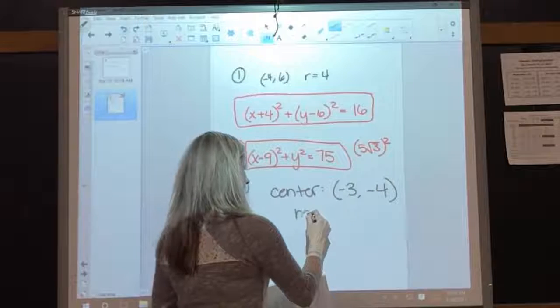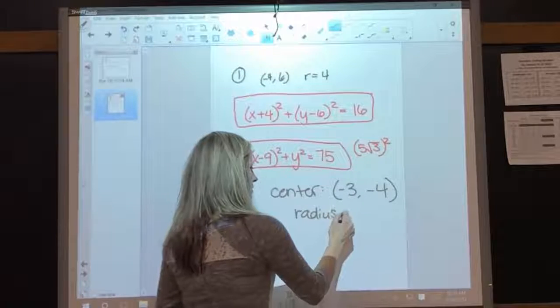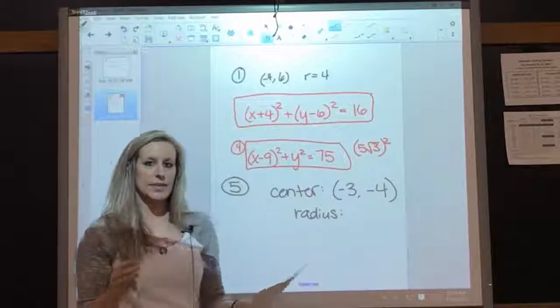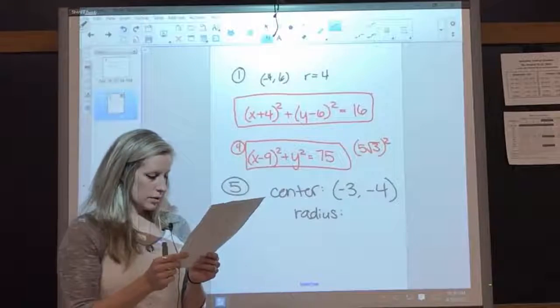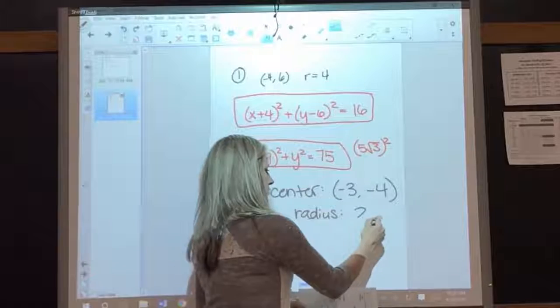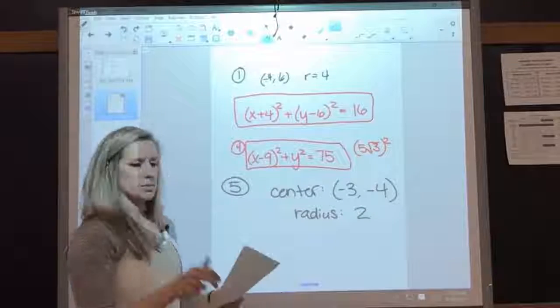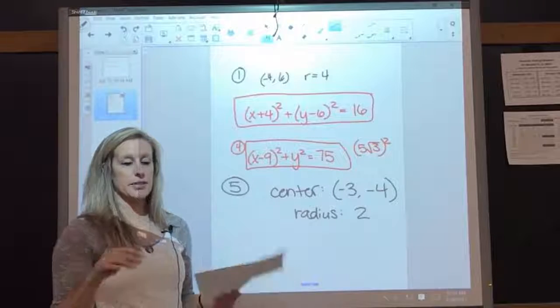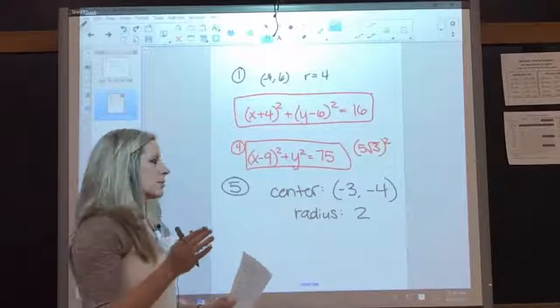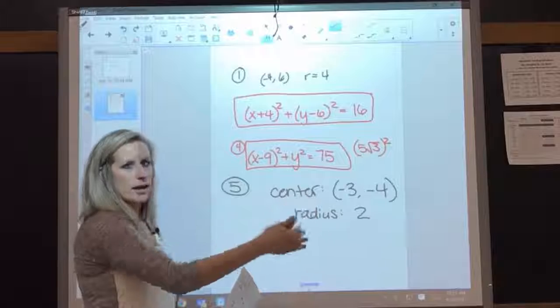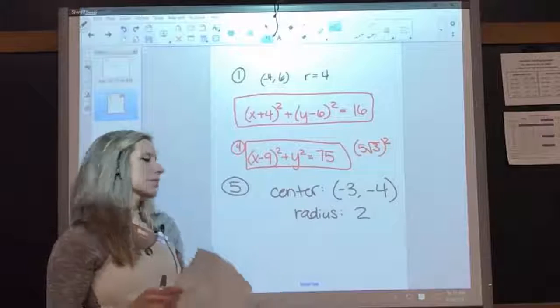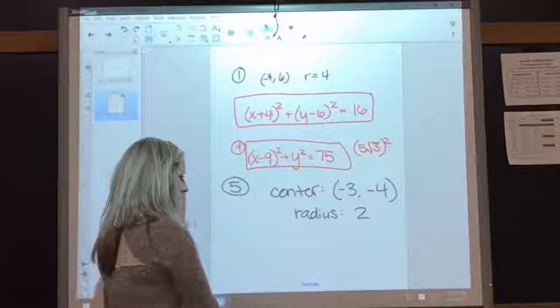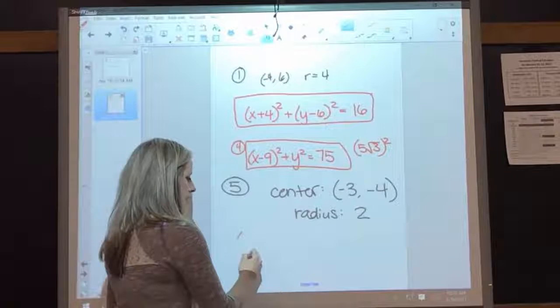And my radius, my distance from the center to the end of the circle, is 2 units. So I'm going to start in my center. I'm going to count either up, down, left, right. It doesn't matter. It's the same for a circle. But I'm going to count how far to the right I have to go to get to the end of my circle.